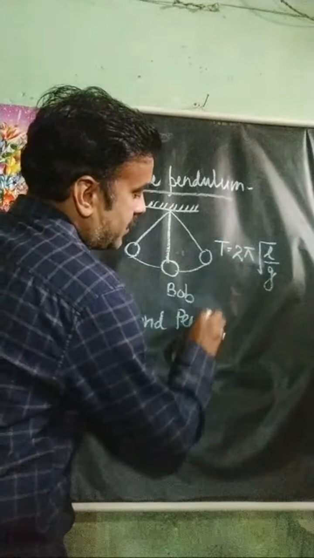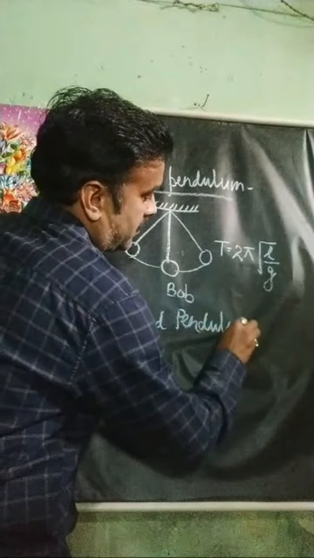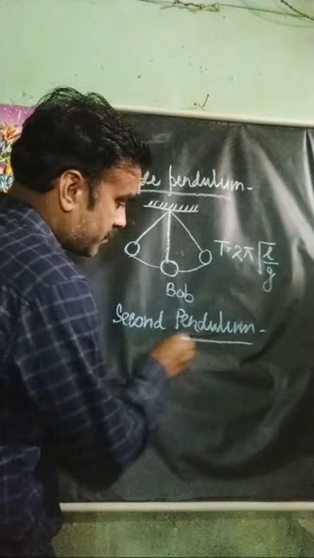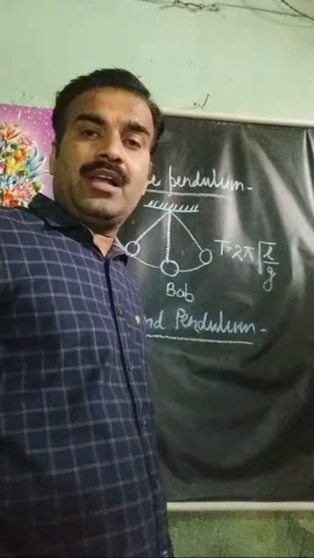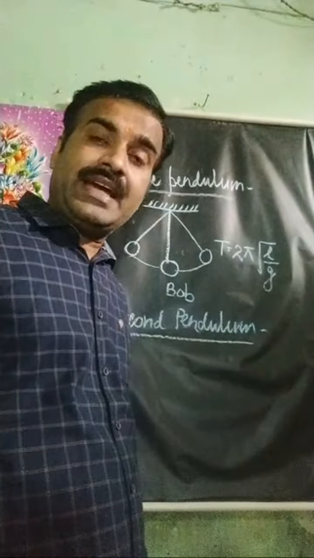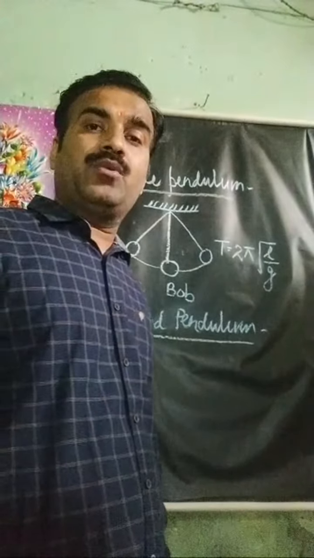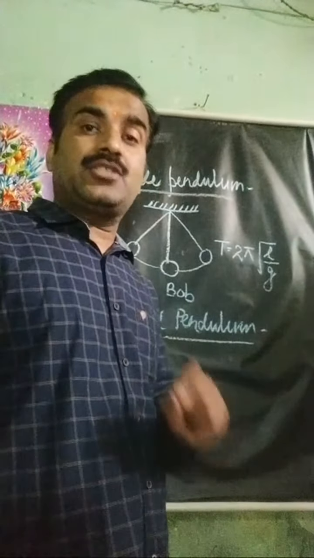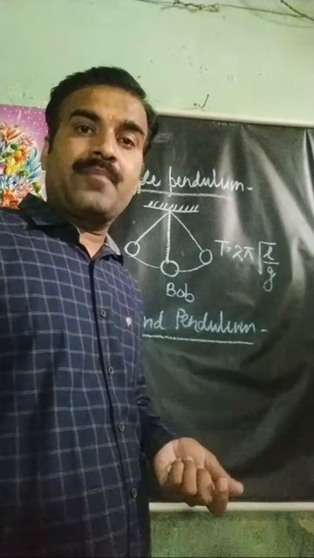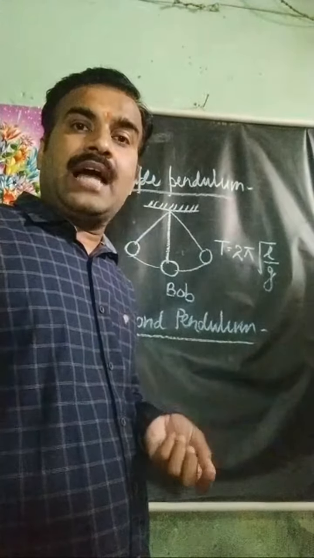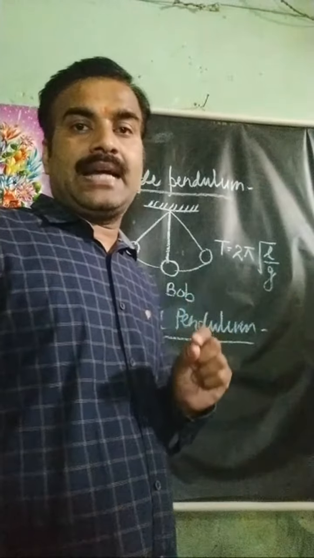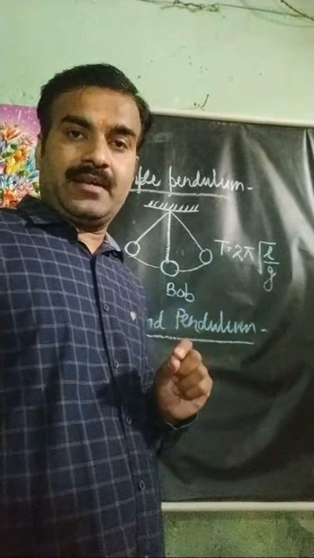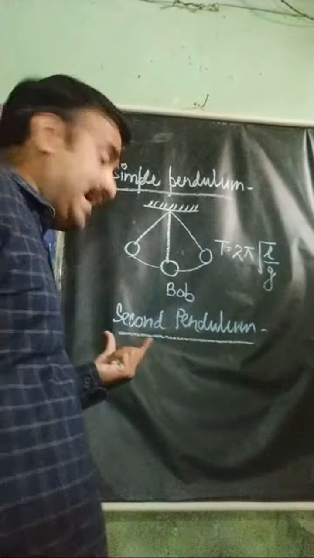How can you define it? A second pendulum is any pendulum whose time period is 2 seconds. Any pendulum whose time period is 2 seconds is called a second pendulum.